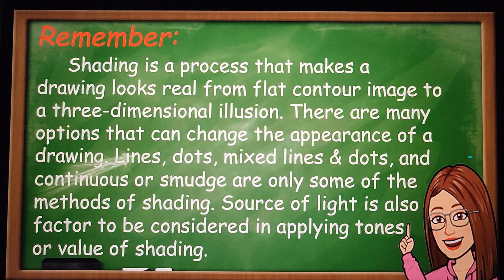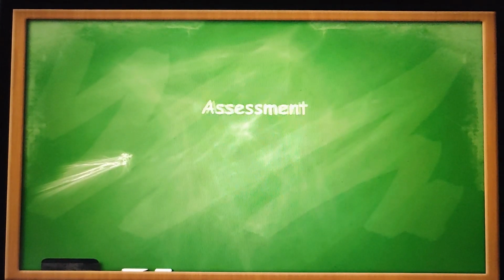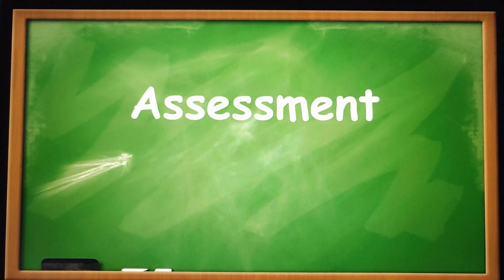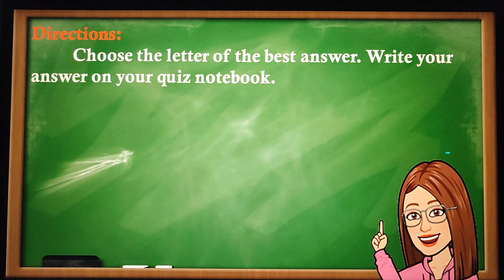Now, let's proceed to the next part of our lesson. Let us check if you really understood today's discussion. Directions: Choose the letter of the best answer. Write your answer in your quiz notebook. Are you ready?